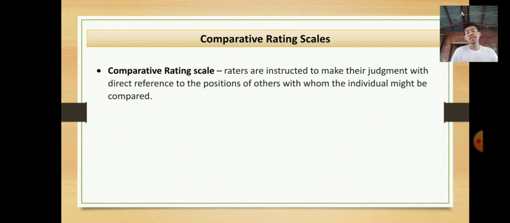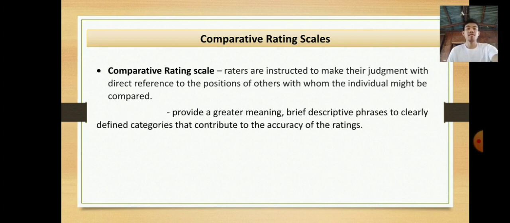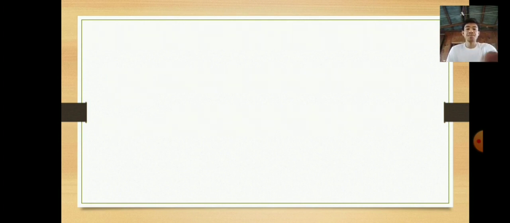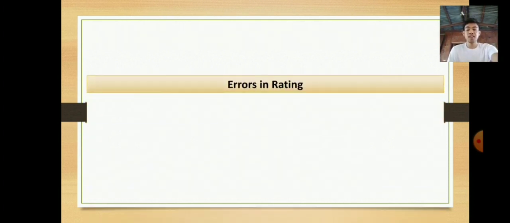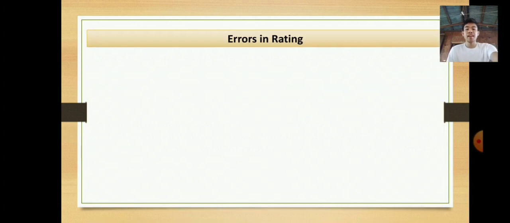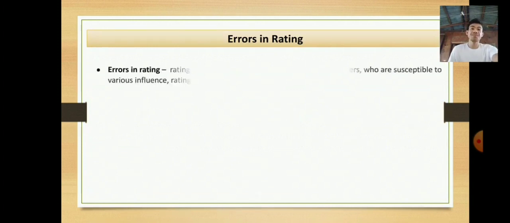Unusually low, kasi nga kapag kinumpare siya sa iba, hindi siya ganun din kataas. So dun mo siya babase. So checklist, parang checklist din lang siya. So yun, comparative rating scales.